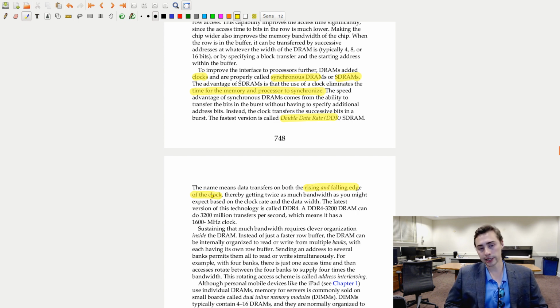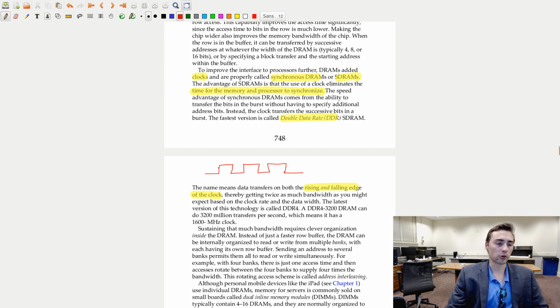Typically, when we have a clock, we pick a single active edge. So we'll say we obey a rising edge clock. That means we'll only do actions on the rising edge. Now double data rate says, okay, why don't we just do it on both edges? Pretty good, and it works well in this case.